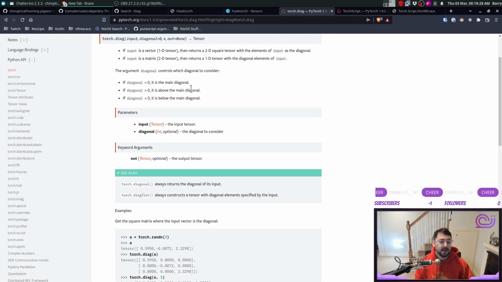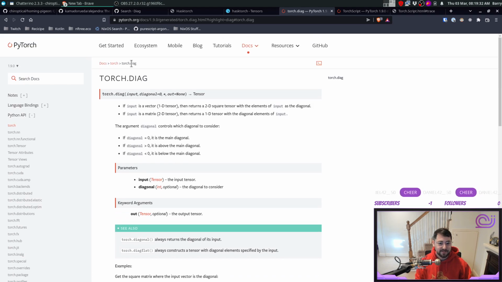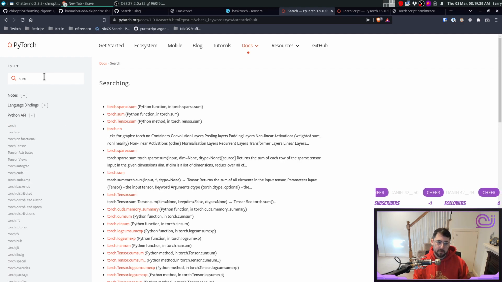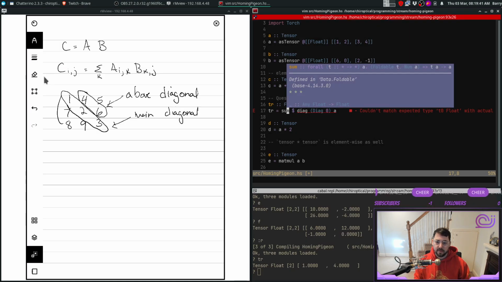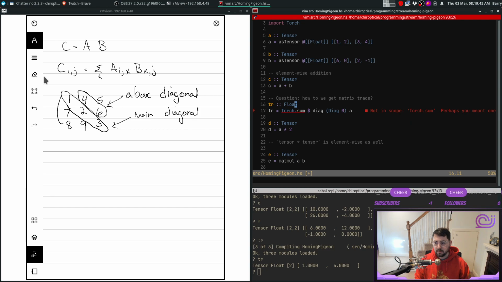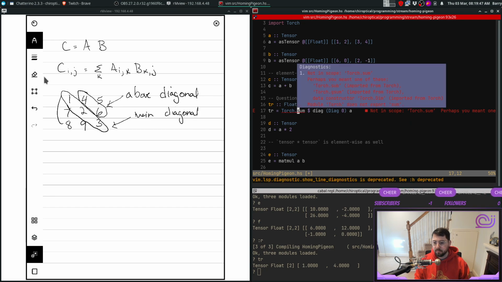There's probably a sum in here, but we need to figure out how to get specifically that one. Maybe if we write literally torch.sum.